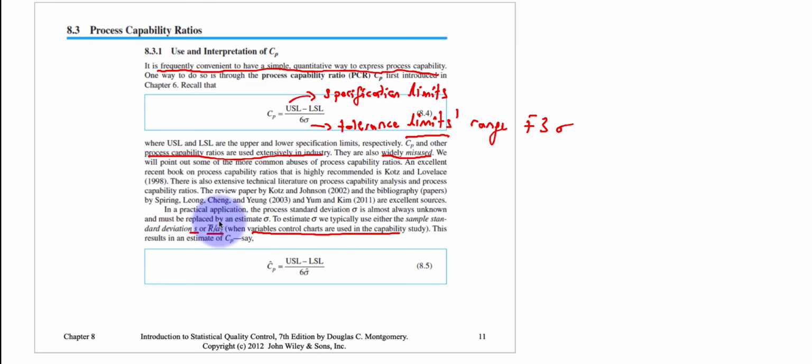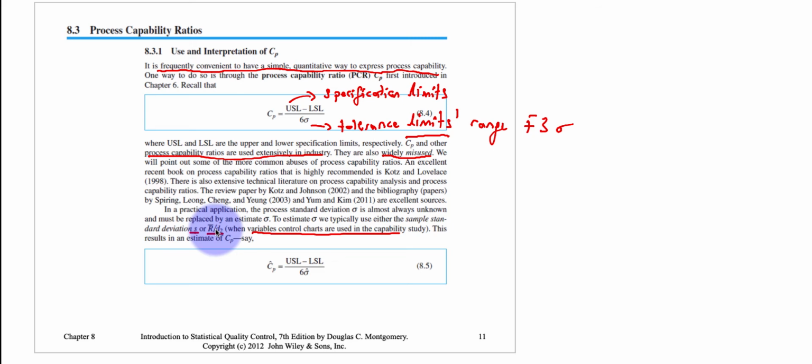And we were dividing the average of R by d2 as an adjustment factor to make the sample variance estimation unbiased. So we can use average of R over d2 as the estimation of the standard deviation if we are using the control charts.